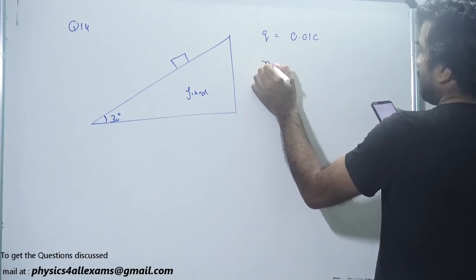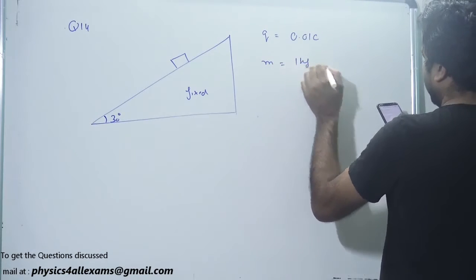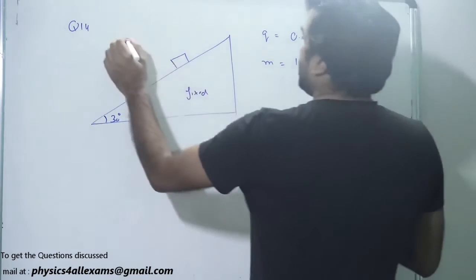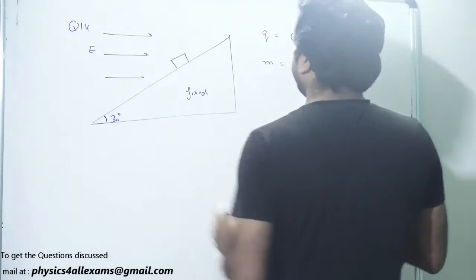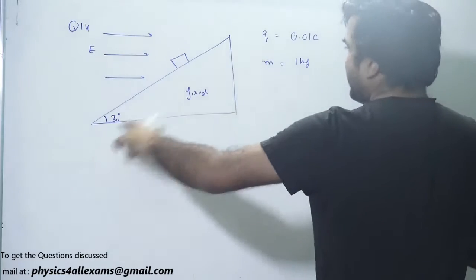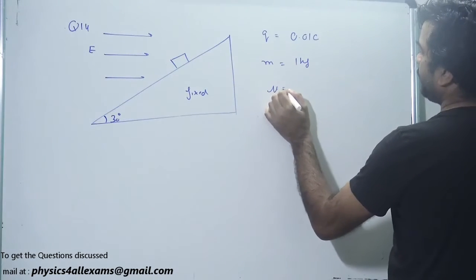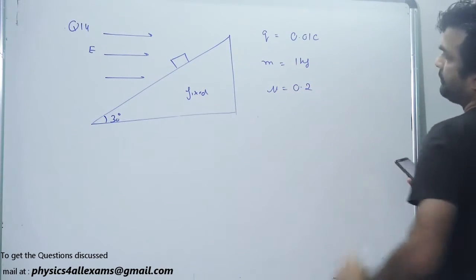The mass of the block is 1 kg, and there is a uniform horizontal electric field E in this region. Further, this surface is rough with a friction coefficient of 0.2.